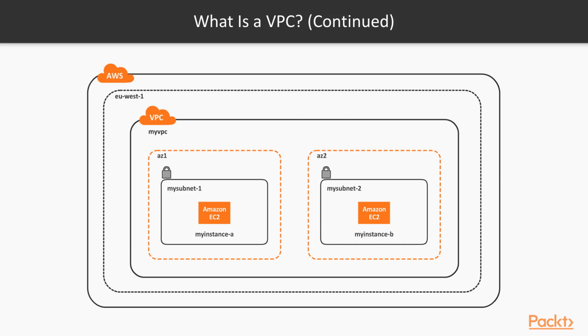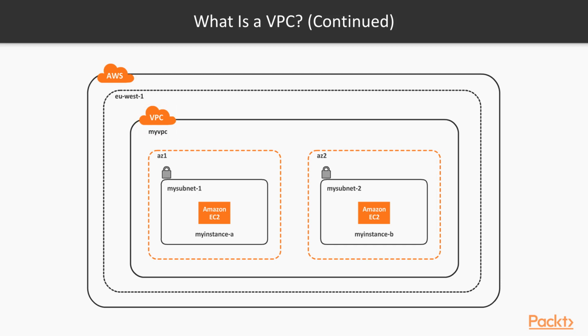So let's say that I'm going to use EU West 1, and I'm going to create a VPC called my VPC. As you know, in each region in AWS, there are at least two or more availability zones, which you can picture as independent data centers. I created a VPC called my VPC that is available for the entire region.